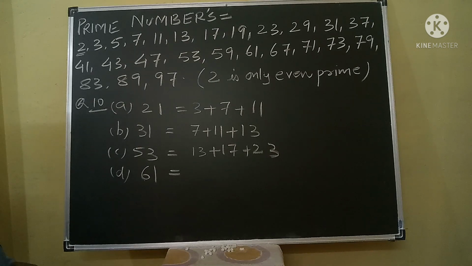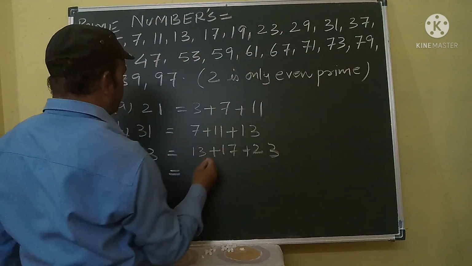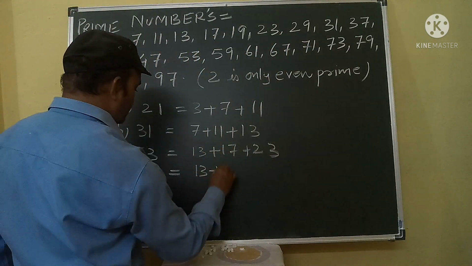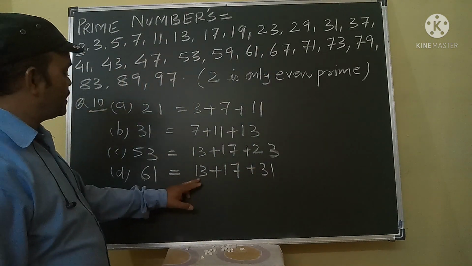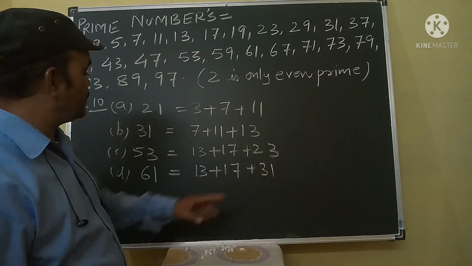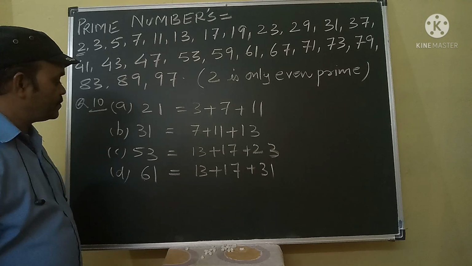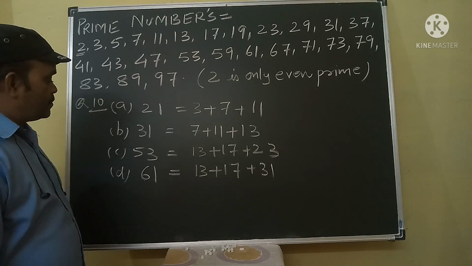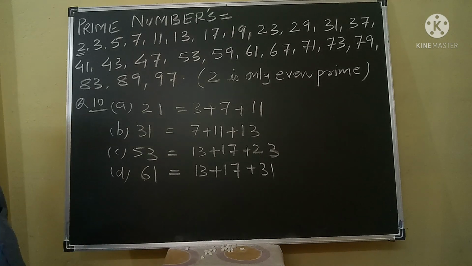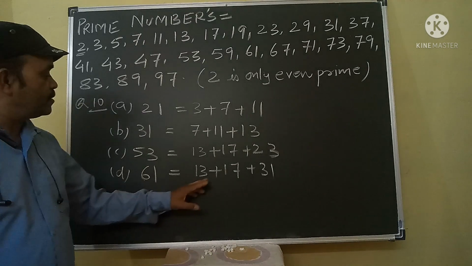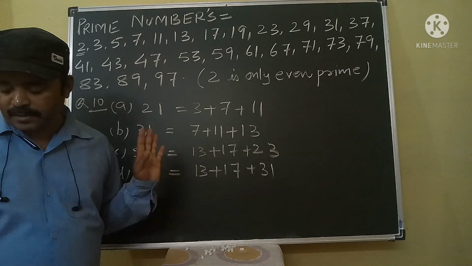Look here. 13, 17 and 31. 13 plus 17 plus 31 will give you 61. Okay.